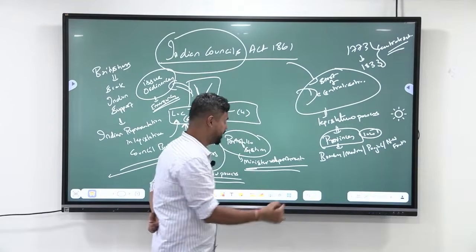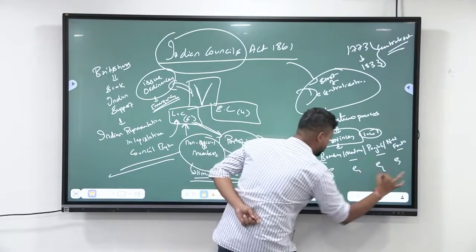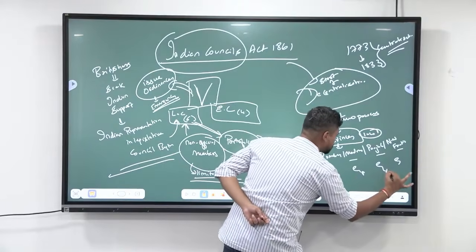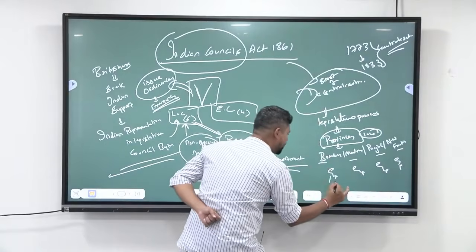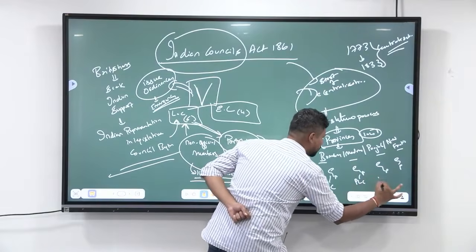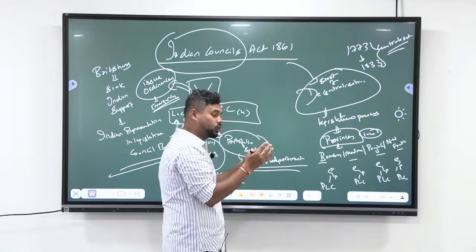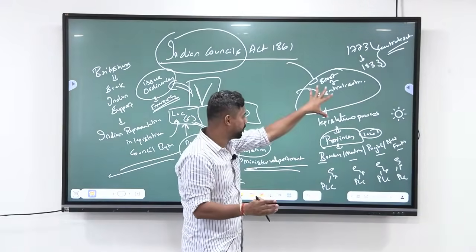Now remember, when they get back their law-making powers, all these will have governors. The governors of the provinces will have their own provincial legislative councils. So now there are two levels of legislative councils because the power is getting decentralized.